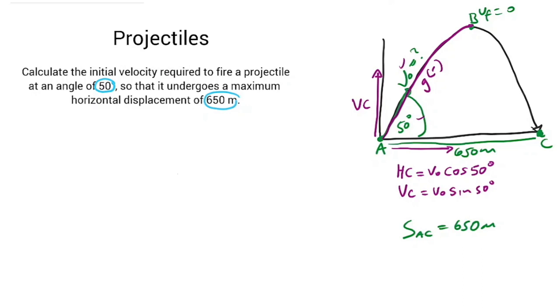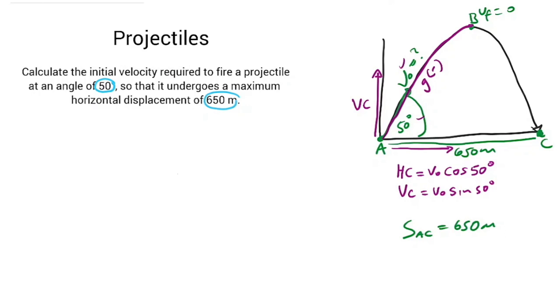Because we are given 650, we must use the equation of motion used to find that distance.